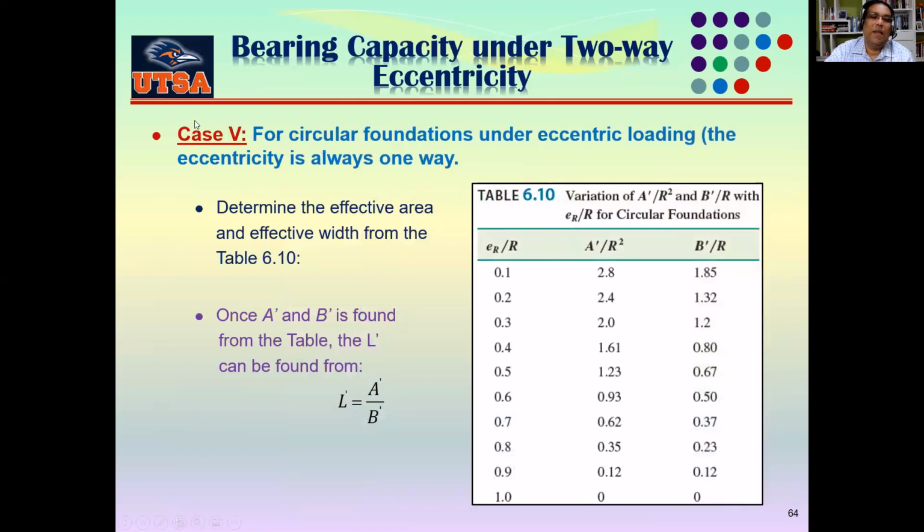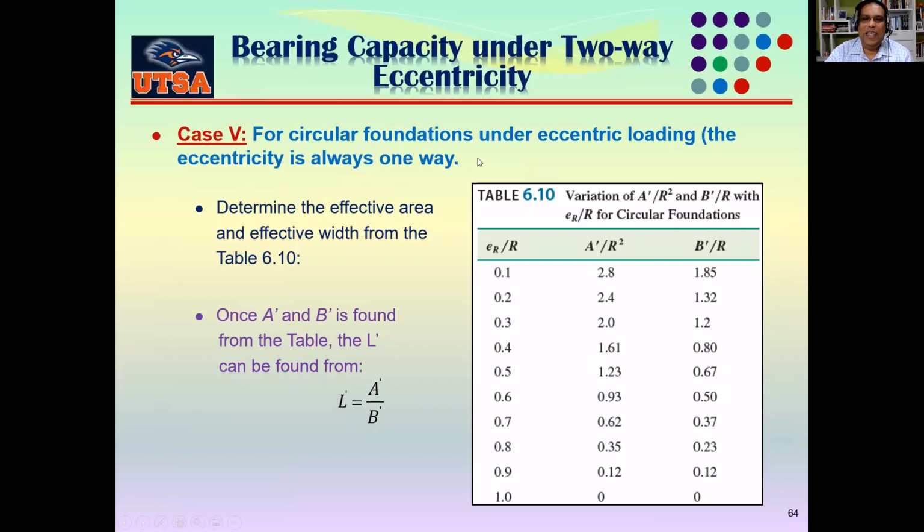Now, case number 5. This one is for circular foundation, okay? So for a circular foundation, wherever you put your load on it, this is always one way, right? Because you can draw a line from the center to your periphery through that load, and you can say, hey, this is just one way eccentricity.